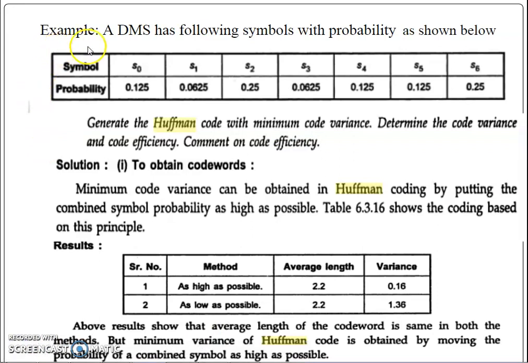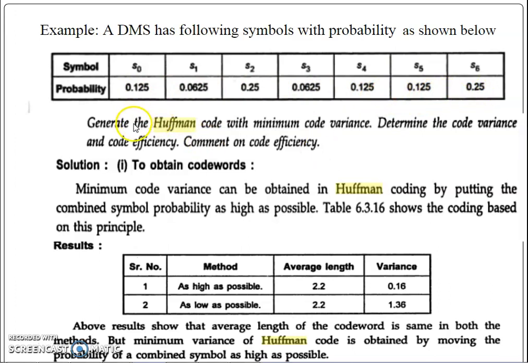This is the numerical normally asked for 10 marks. The numerical is given as: a DMS, discrete memoryless source, has the following symbols with the probabilities as shown below. They have given a table of symbols and their probabilities: S0, S1, S2, S3, S4, S5 and S6, with probabilities 0.125, 0.0625, 0.25, 0.0625, 0.125, 0.125 and 0.25.